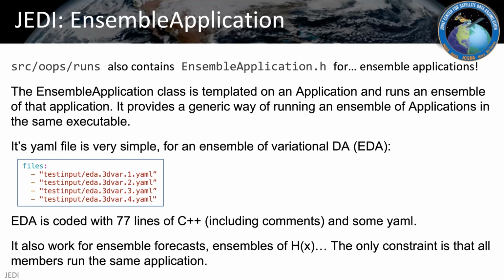Now, the fact that it's taking a separate file, this list of files, means that you can easily run one member by just giving it exactly the same YAML file as a separate application. So it's very easy to swap from one to the other. So yeah, I'm just going to stop here for the ensemble application. It's just good to know that it exists.